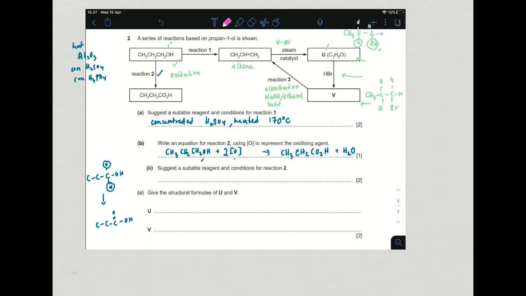Now it's balanced. Now suggest a suitable reagent and condition for reaction number 2. It is an oxidation reaction, so let's just put heated under reflux with concentrated sulfuric acid.